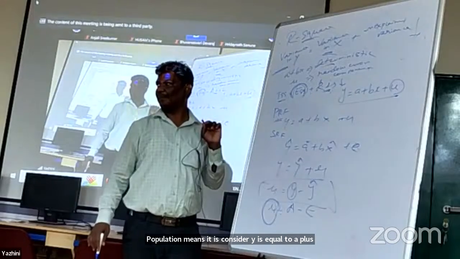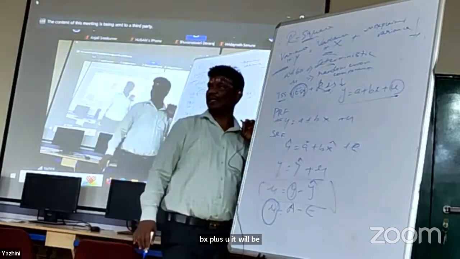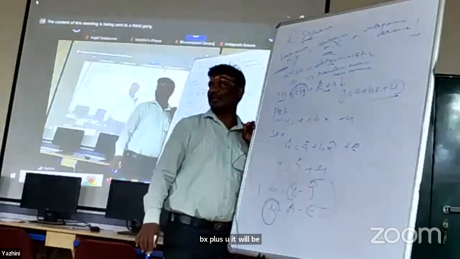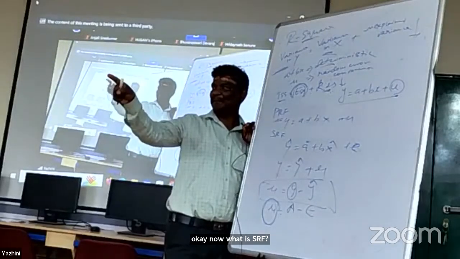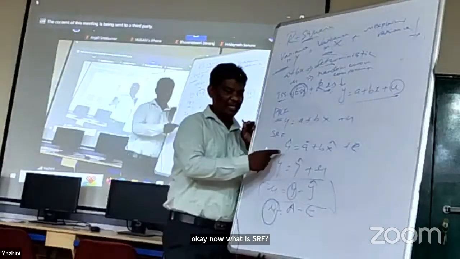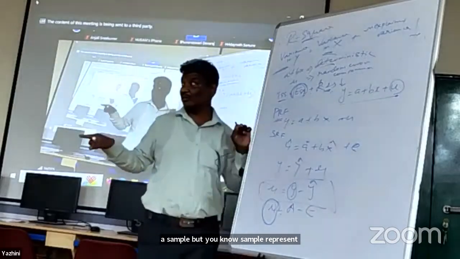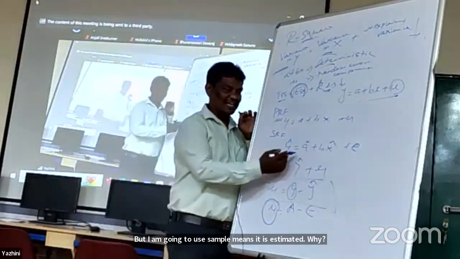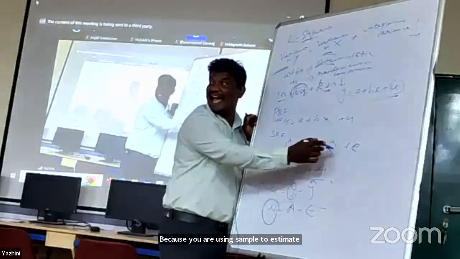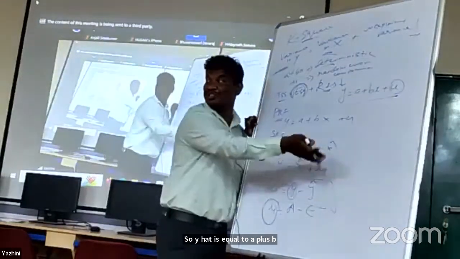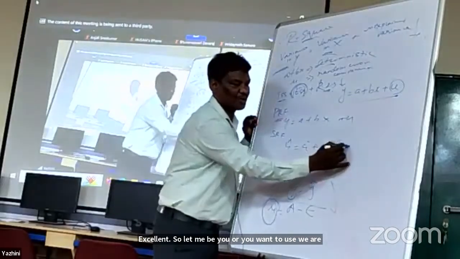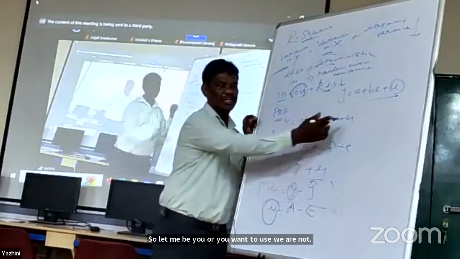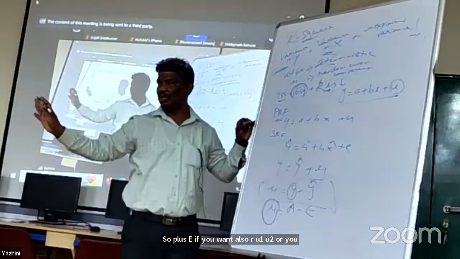Now what is SRF? A sample. But I am going to use a sample, which means it is estimated, because you are using the sample to estimate. So y hat is equal to a plus bx, plus e if you want. Or u1, u2. Or you leave it, no problem.